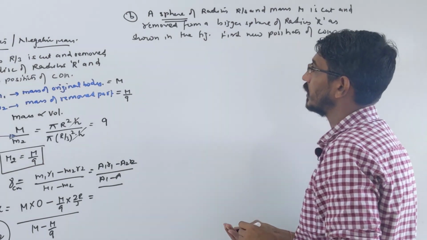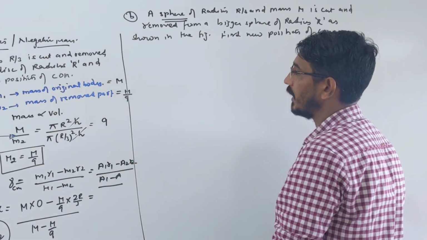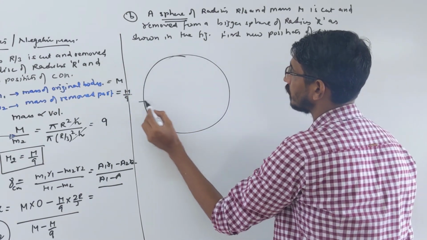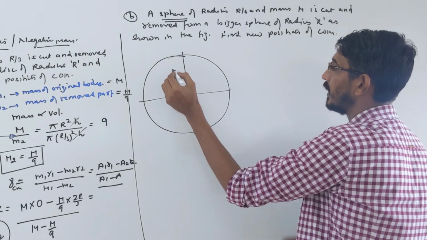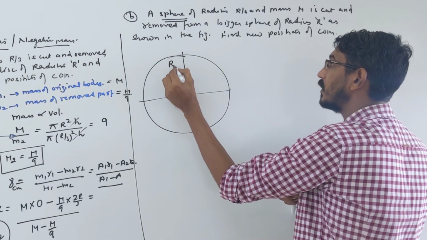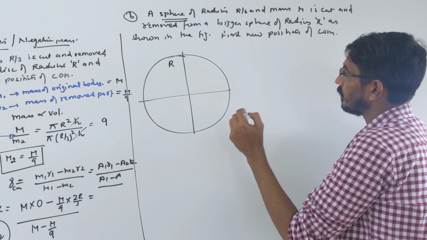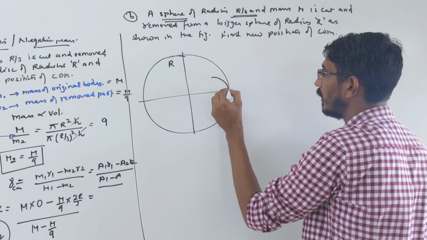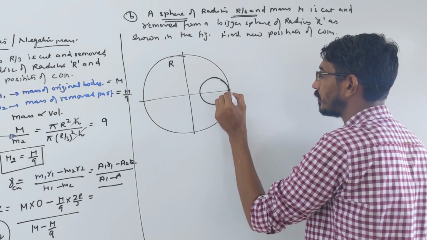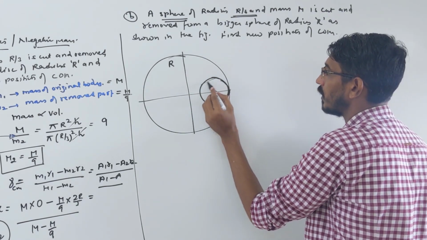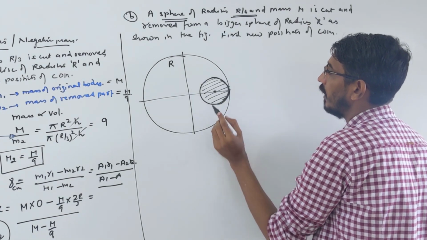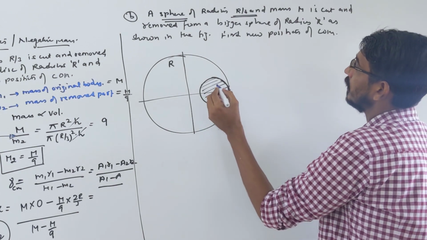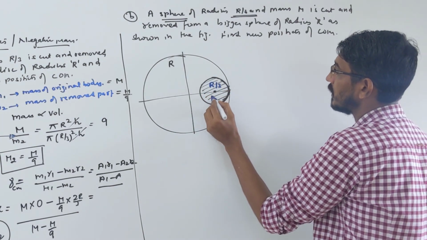Suppose a picture is also given to you. This is your sphere, the sphere radius is given as r, mass is not given, and they said the part which is cut and removed has radius r by 3, like this. This is the sphere which is cut and removed, and its radius is given as r by 3 and mass is also given as m.